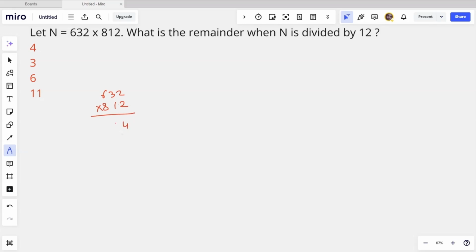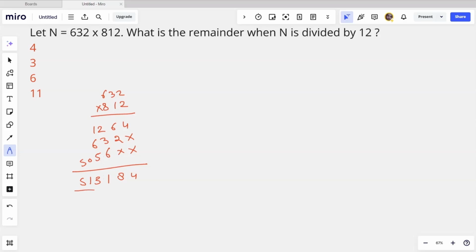2 twos are 4, 2 threes are 6, 6 twos are 12, into 1: 2 ones are 2, 1 three is 3, and 1 six is 6, and double cross 8 twos are 16, 6 and 1. It will become 5, 2 carry, and it will become 50. 6 plus 2 is 8, and 6 plus 3, 9, 11, 1 and 1 carry, and 3 and 1 carry 1.